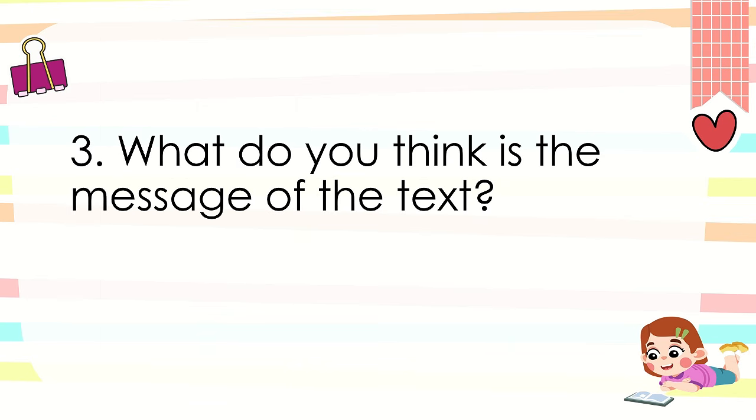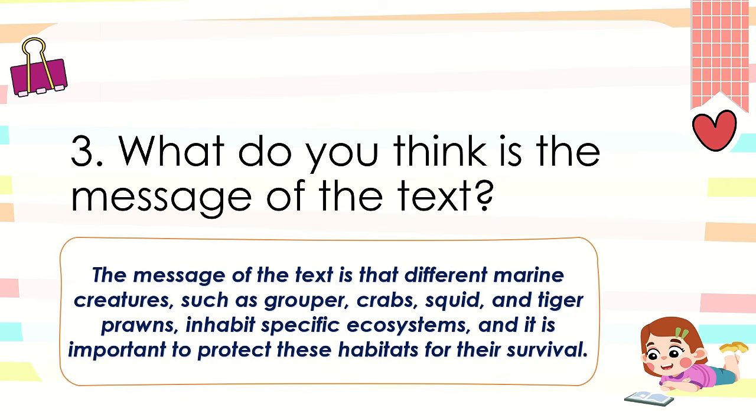What do you think is the message of the text? Exactly. The message of the text is that different marine creatures such as grouper, crabs, squid, and tiger prawns inhabit specific ecosystems, and it is important to protect these habitats for their survival.